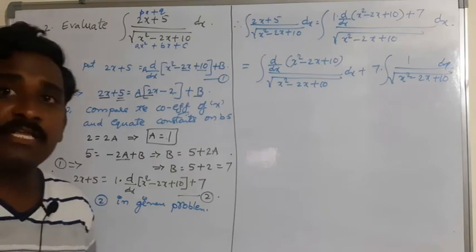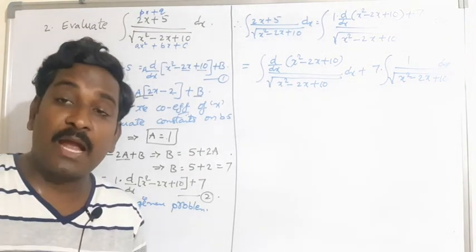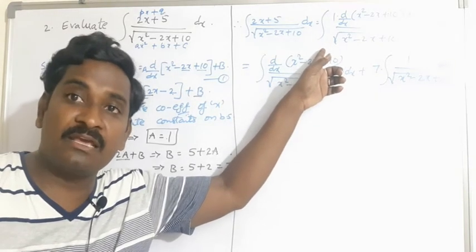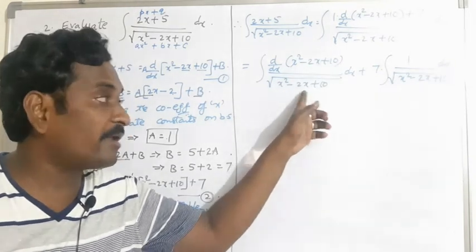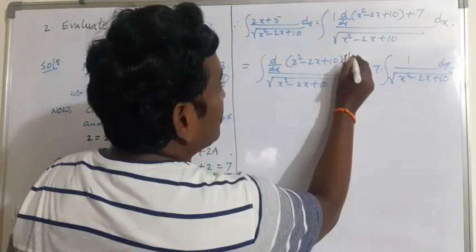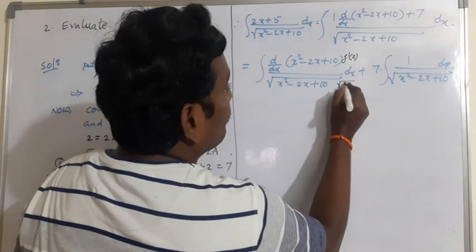Now what is the structure of the first part? The first part is in the form of integration of f dash, the derivative, by root over x square minus 2x plus 10. This is in the form of integration of f dash of x by root over f of x.